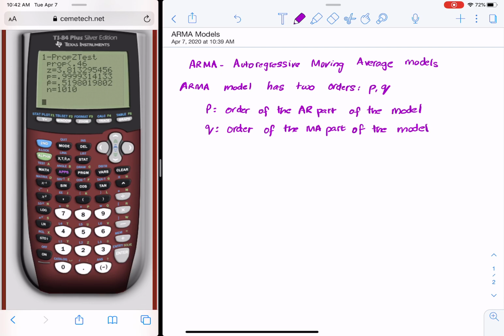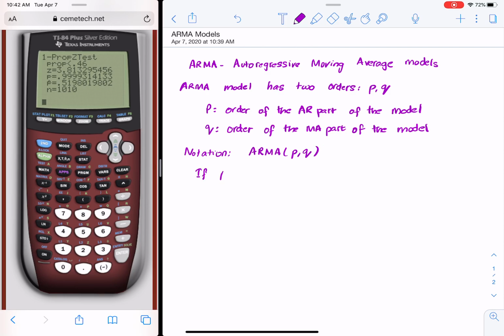So when I get into the proper definition, you would understand what the AR part and the MA part of the model are. So as a notation, we specify an ARMA model as ARMA(P, Q).